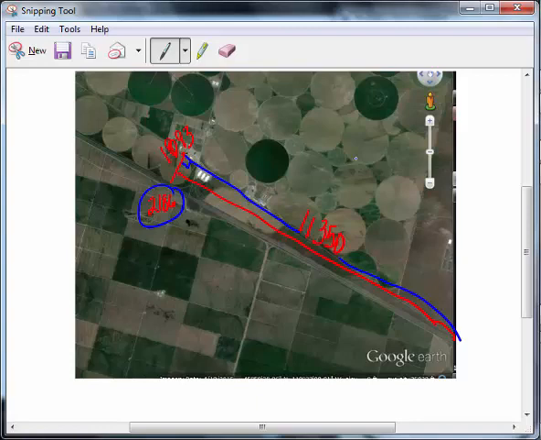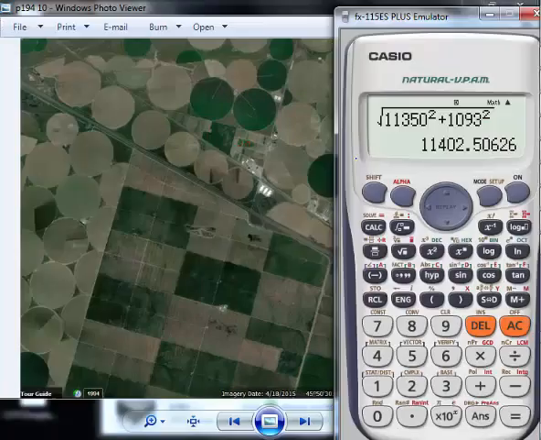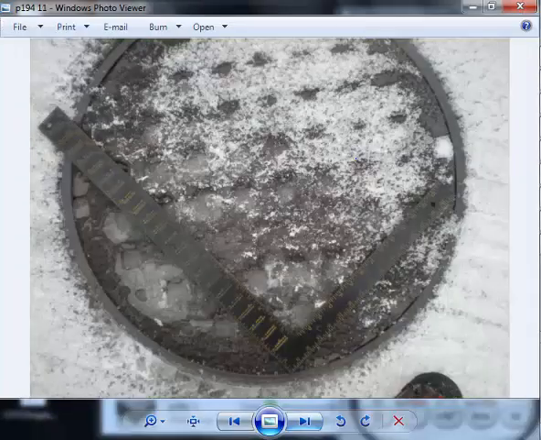The reason for that is the skinnier the triangle gets, the closer the long side is to the hypotenuse. Remember, that only works with right triangles.